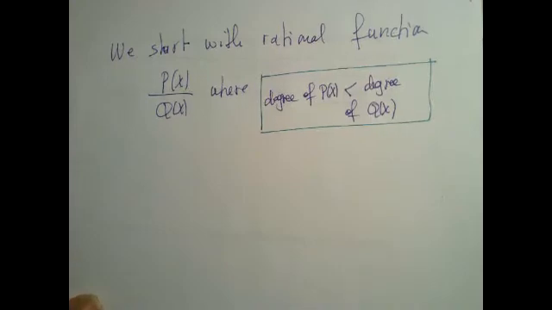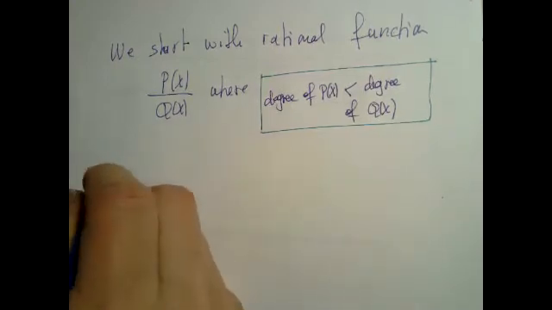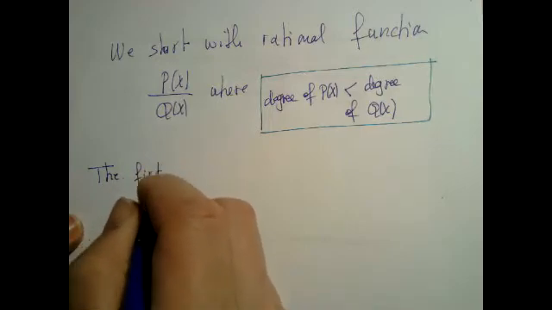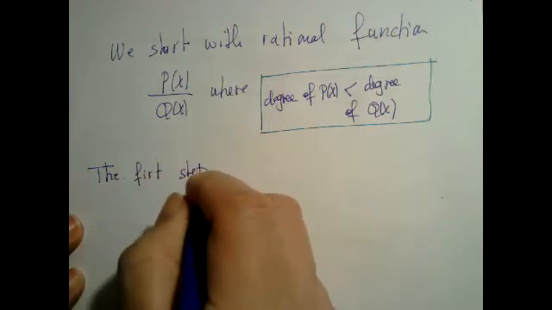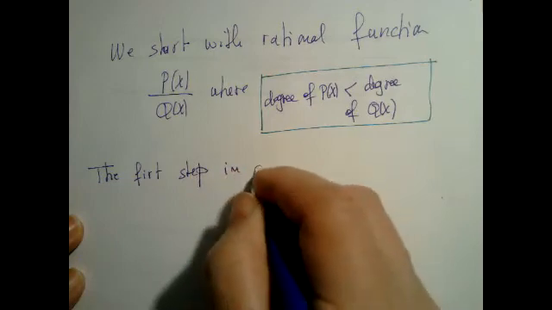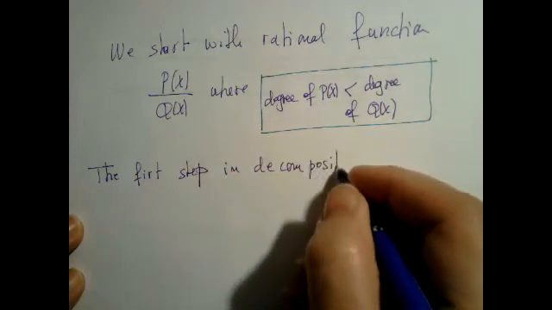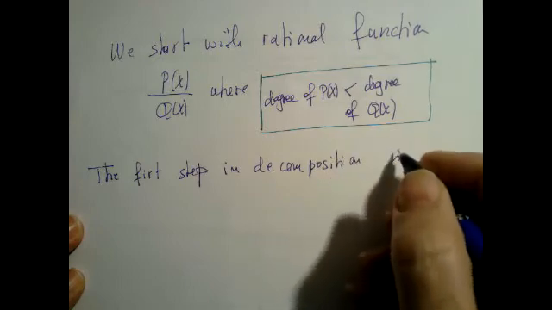Okay. The first step in the decomposition is to factor out the denominator completely.